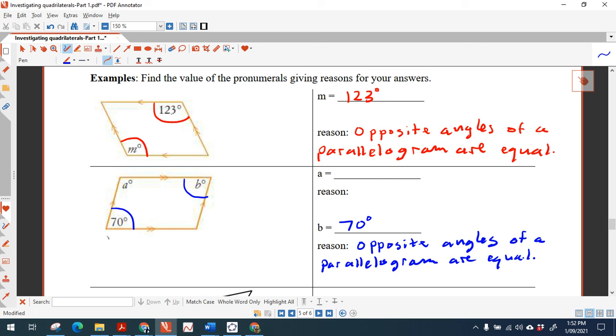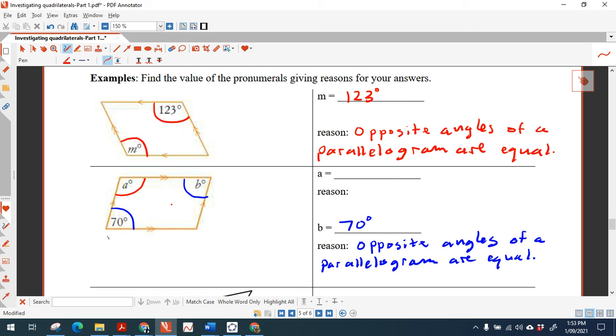All right, let's have a think about it now. I'll change colours for this, so you've had to think about it. Now, this angle here and the blue angle are co-interior angles.